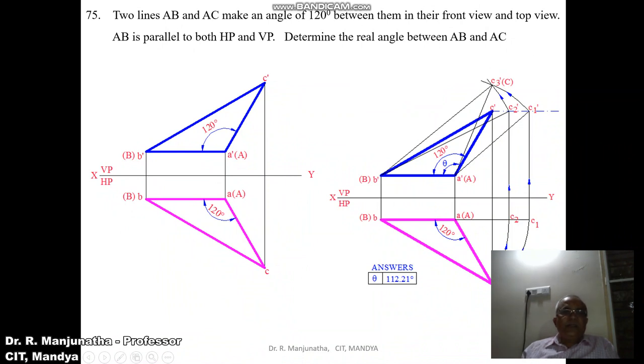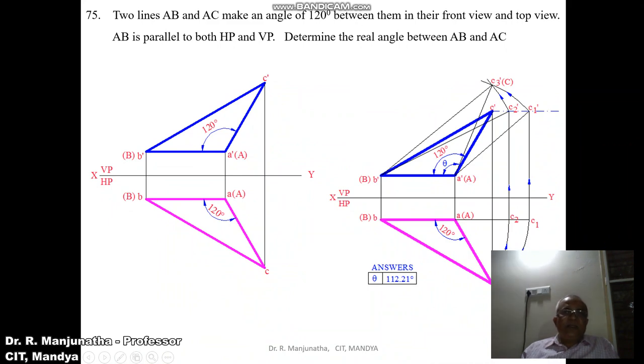Once you draw this, from B dash you measure an angle of 30 degrees, because 180 minus 120 is 60 degrees, so this will be 30 and this angle will also become 30. So from here you measure an angle of 30 degrees with respect to the horizontal and draw an inclined line. Both will intersect at this point, so you mark this point as small c dash.